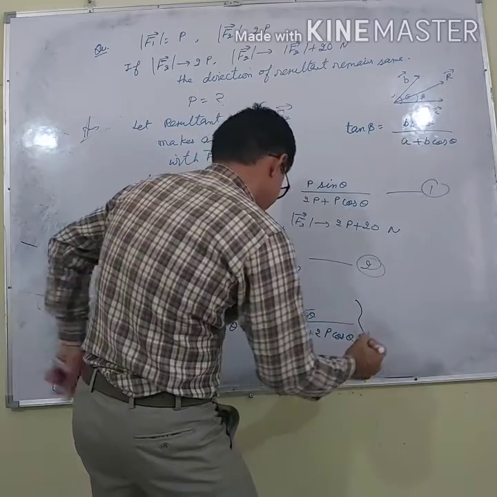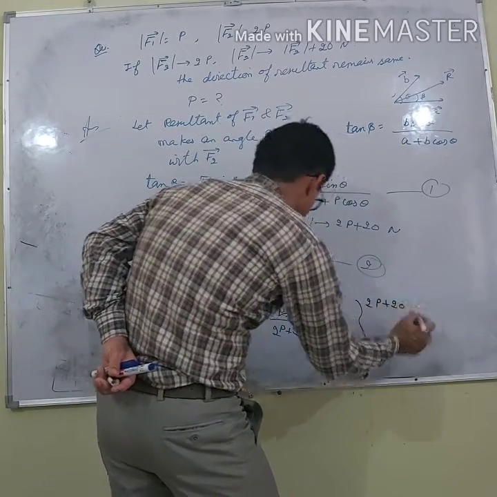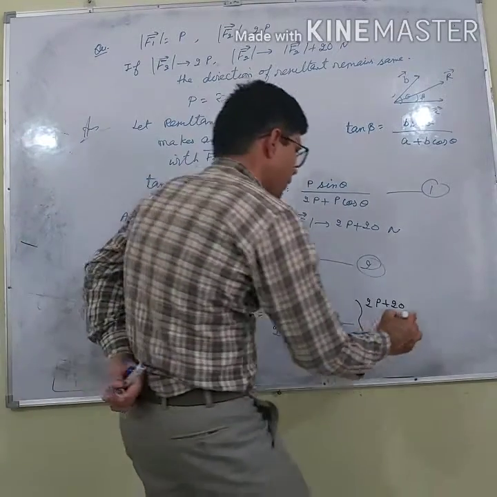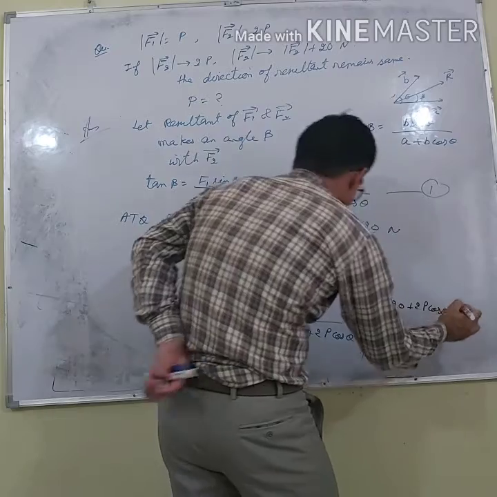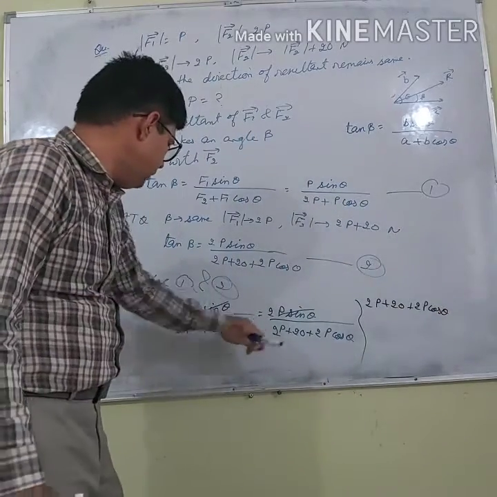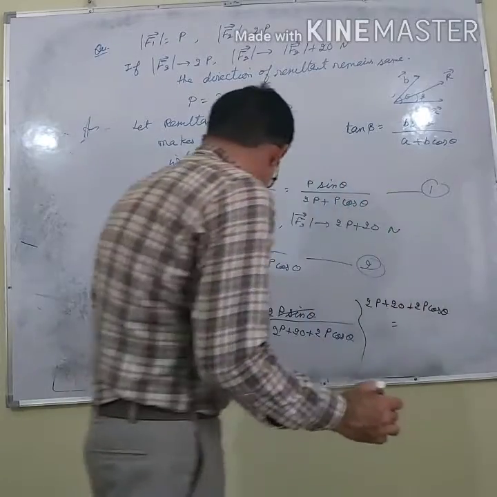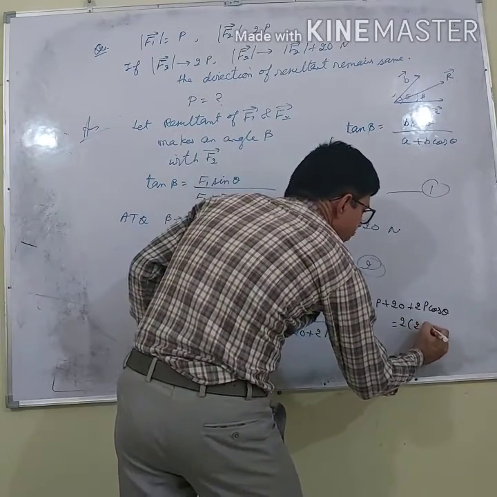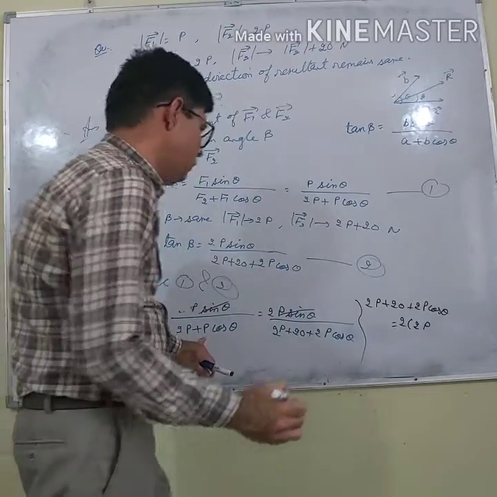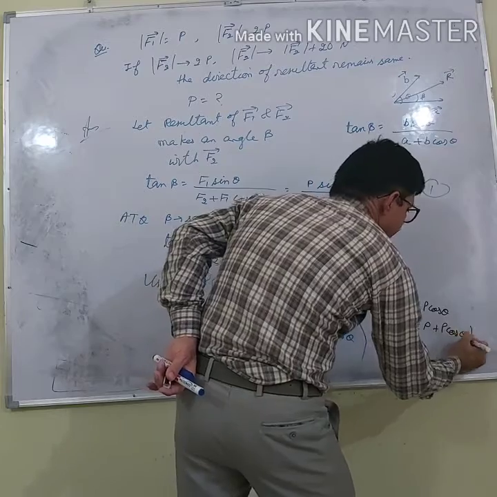What will I get? 2p plus 20 plus 2p cos theta equals 2 multiplied by 2p plus p cos theta.